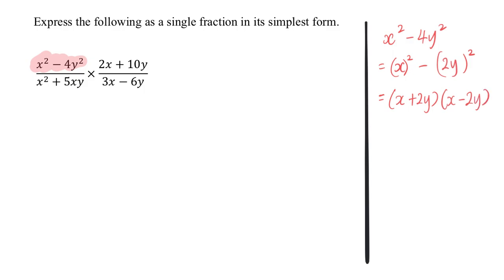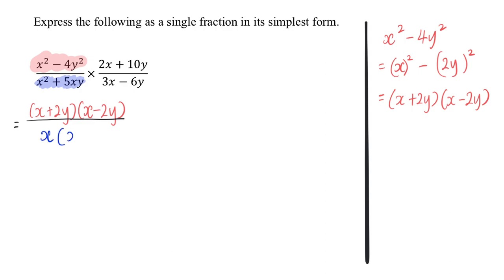And so you will see Mr. Tan here writing x squared minus 4y squared as x plus 2y, x minus 2y. If I could factorize, I also continue to factorize, and I saw that x squared plus 5x, there is a common factor x.